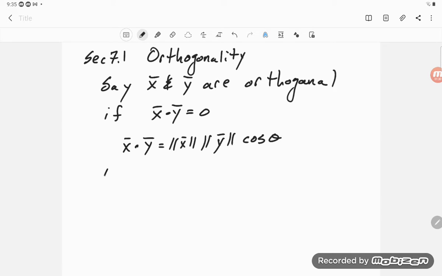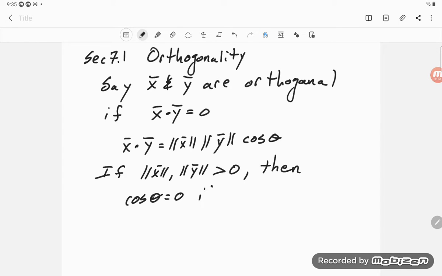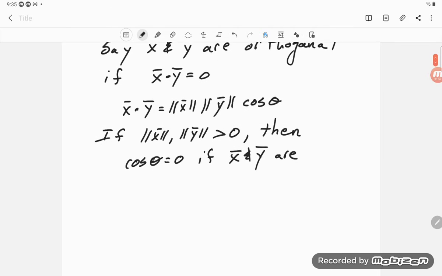Well, now, if the magnitude of x and the magnitude of y are both strictly greater than 0, then cosine theta equals 0 if x and y are orthogonal.